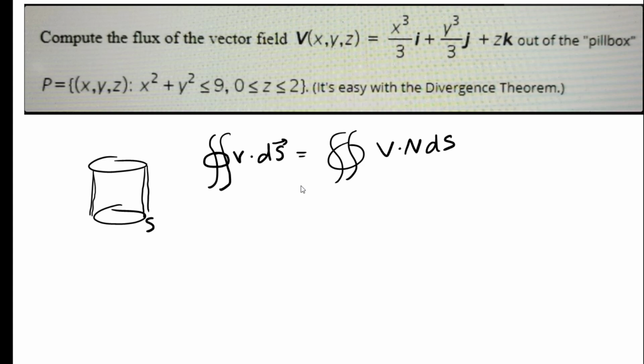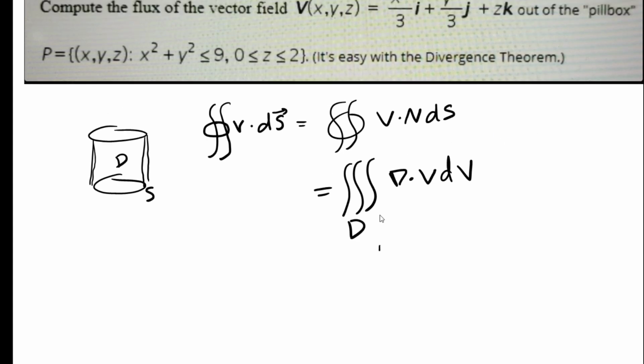The point is, if we use the divergence theorem, this becomes really easy. I can change this into a triple integral over the region that's inside, the contained region. So I just need to figure out the bounds for that. Then I'm integrating the divergence of v dV, so it's going to be dx, dy, dz.